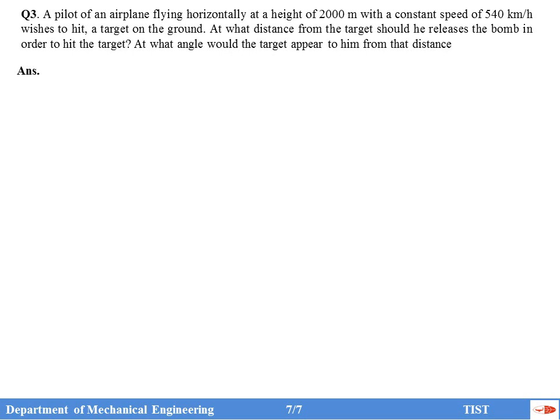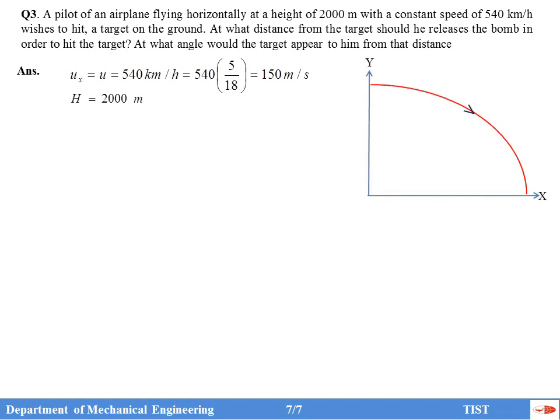Okay, so here ux is given, so it is a horizontal projectile motion, thrown horizontally. The aeroplane is flying at a height of 2000 meter and he is dropping a bomb. So the bomb will go in a horizontal projectile motion, right?